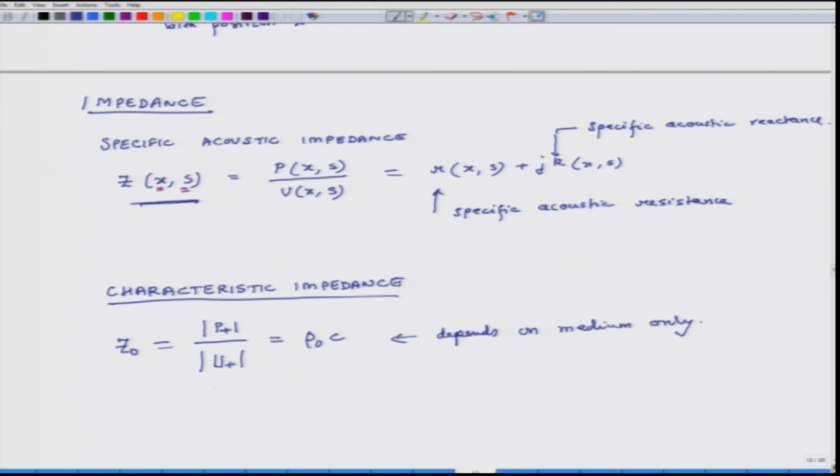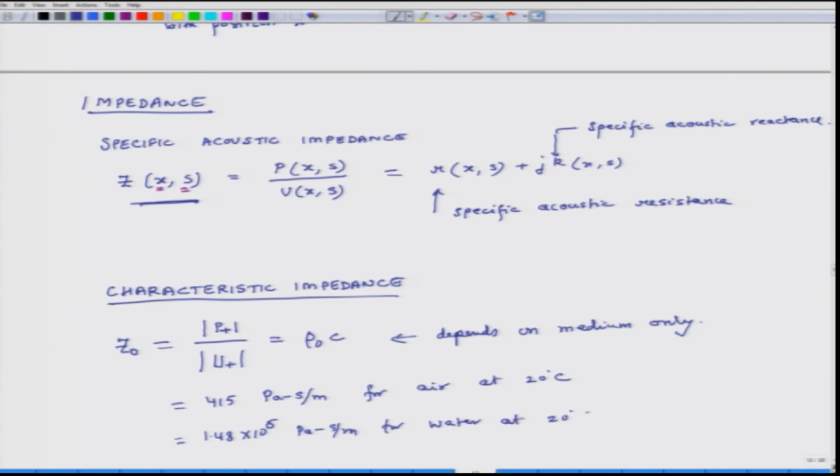And its value is equal to 415 pascal second per meter for air at 20 degrees C, and it is equal to 1.48 into 10 to the power of 6 pascal second per meter for water at 20 degrees C.